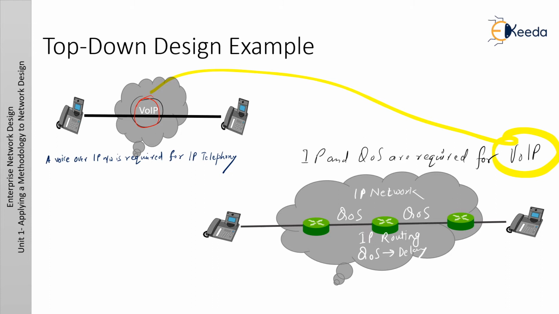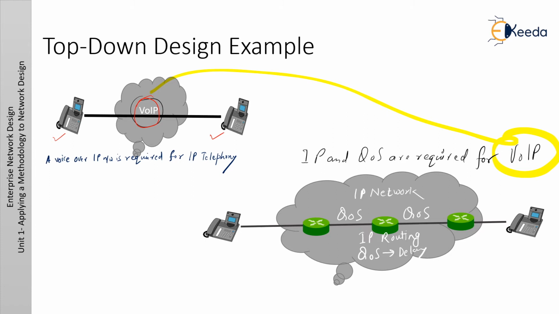So the first step in the design is to see the broad picture. This is the network and this is the voice over internet protocol network, and we are using voice as well as over internet protocol. Now come to this picture. How do we implement this?